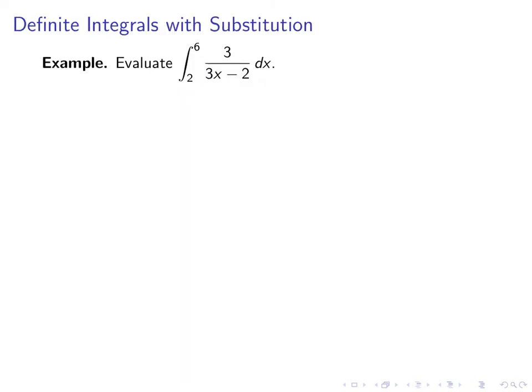When we want to deal with a definite integral, there are two ways to do that. The simplest is probably to remember that when you have a definite integral, the values are actually x values. The 2 to 6 here is an interval with respect to x.